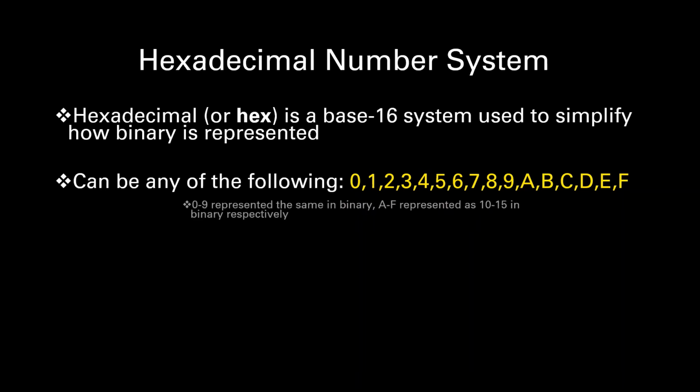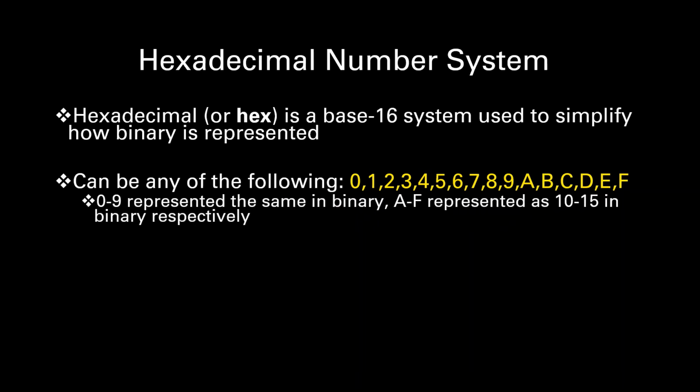Each character in the hexadecimal character set has a specific value associated with it. So 0 to 9 have the associated values of 0 to 9 respectively. So a 4 in hex equals a 4 in binary or decimal.